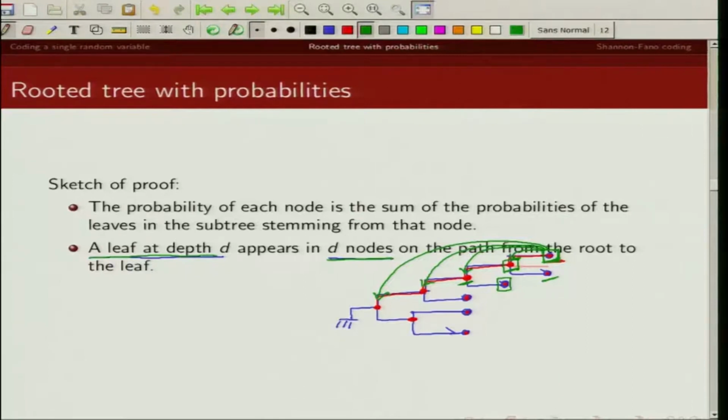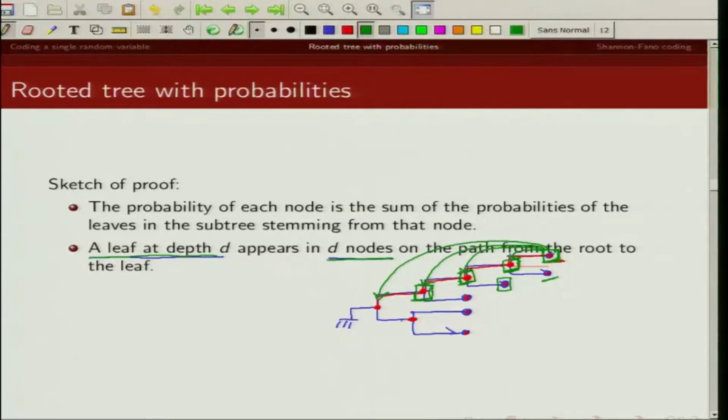The contribution of the probability of occurrence of this leaf appears in the probability of this node. Now, the probability of this node is affecting the probability of this node. So, this probability will also affect this. Now, this probability is affecting the computation of the probability of this node. So, this probability will also appear here.